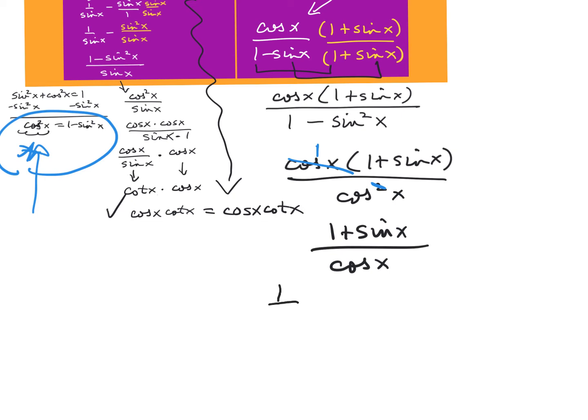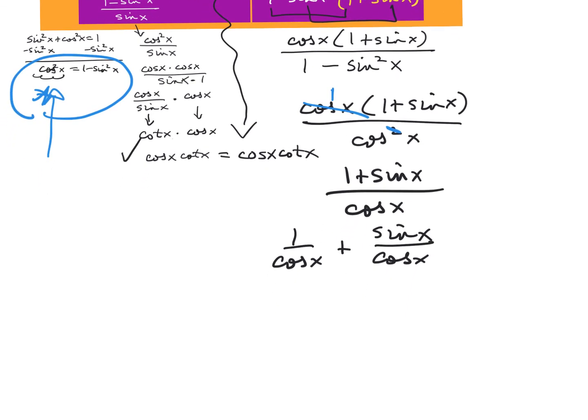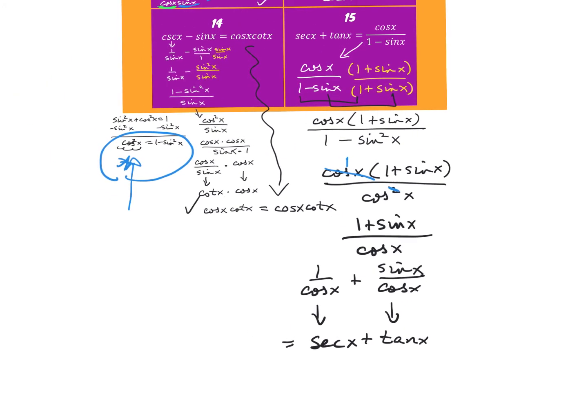So what I can do is undo it, give it back its common denominator, and now it'll simplify to what the other side had. Because this is the reciprocal to secant, and this is tangent. And that's what it wanted me to equal it to, which was up here. So if I bring it down, secant x, tan x. It's simplified.